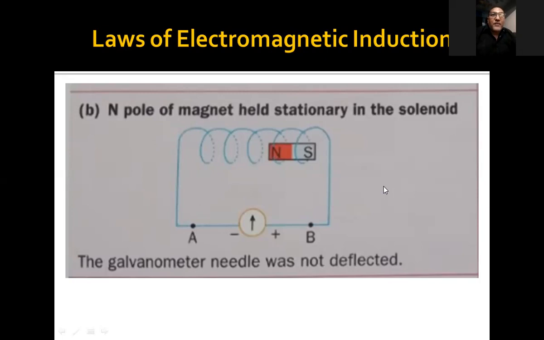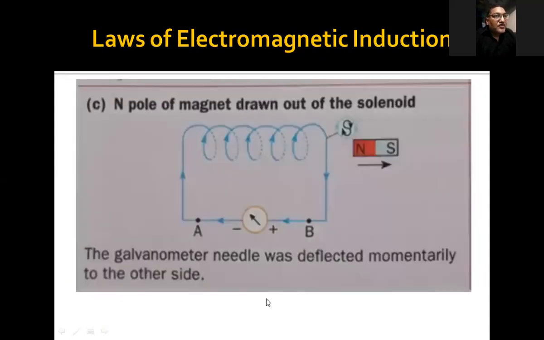So from here we conclude that when the bar magnet is at rest, when the magnetic flux passing through the solenoid is not changing, there is no EMF induced in the solenoid. That's why the galvanometer is showing no deflection. Its pointer is at its zero position. So no EMF is induced if the bar magnet is not moving relative to the solenoid.